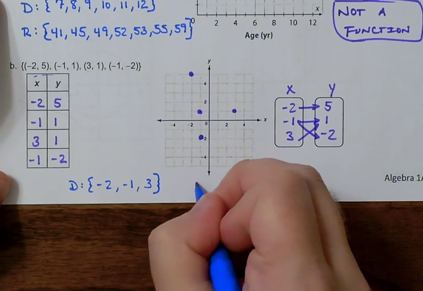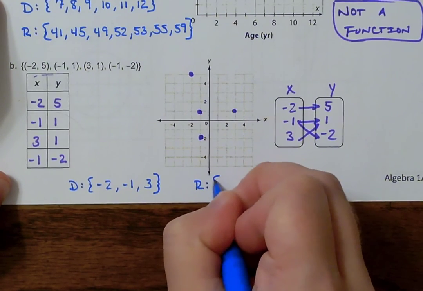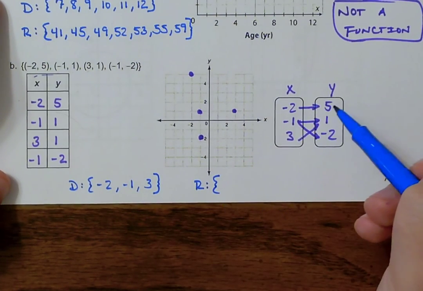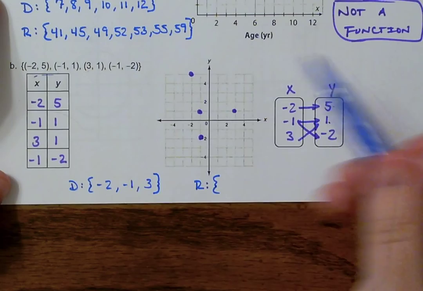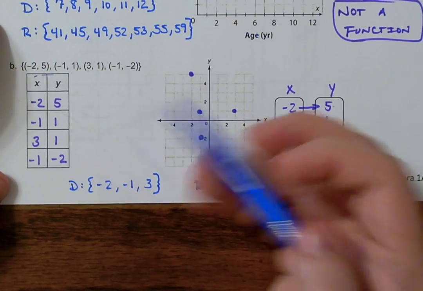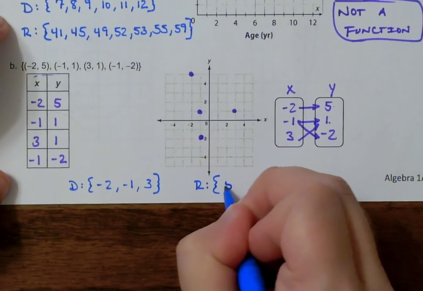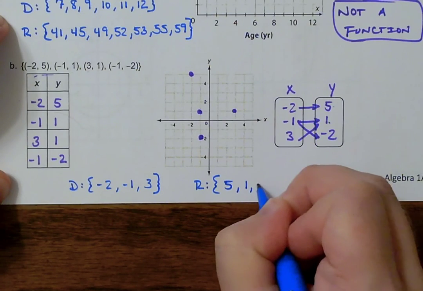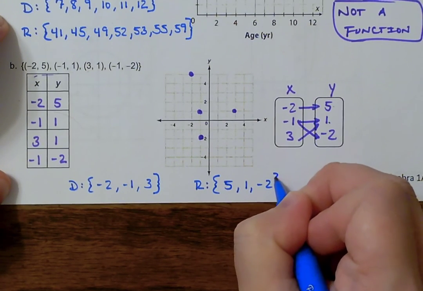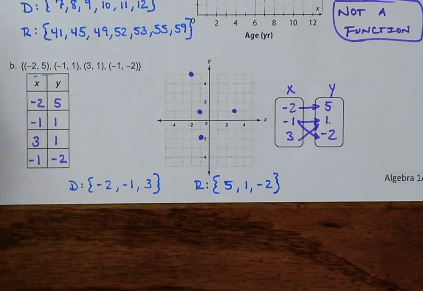And then for my range, I have 5, 1, and -2. Yes, there is another 1, but we only need to list it once. And I have my domain and range.